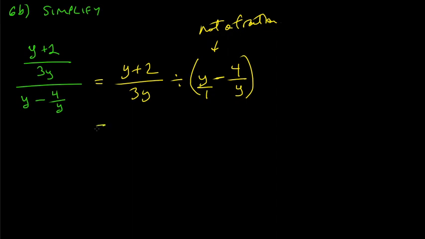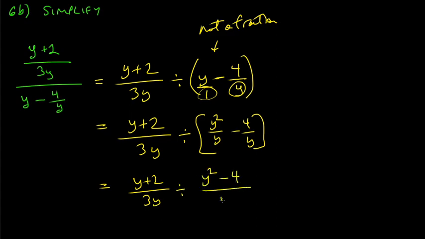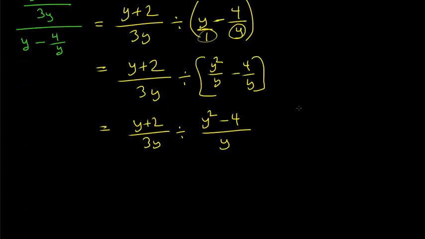So this is not the way I would prefer to do it, but if you're going to do it this way, let's see. Our common denominator here is just y. So we're going to get y squared over y minus 4 over y. And then when you subtract the numerators, you're going to get y squared minus 4 all over y. Now it's a single fraction.